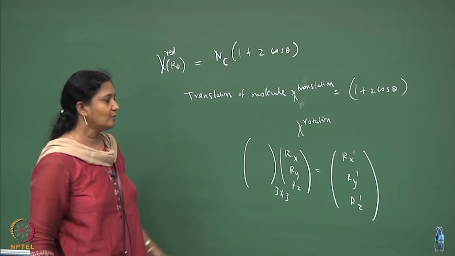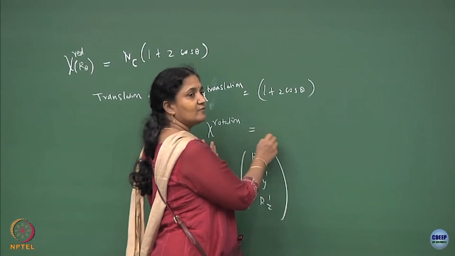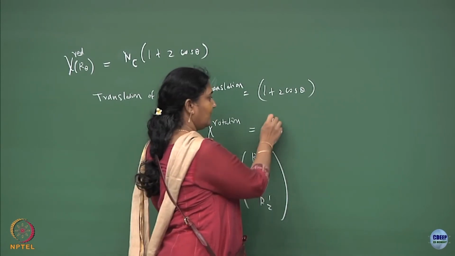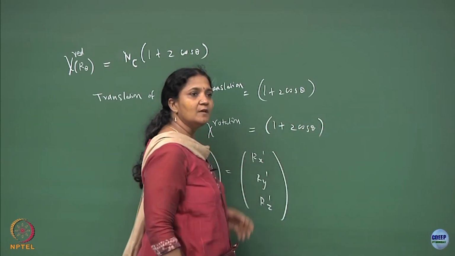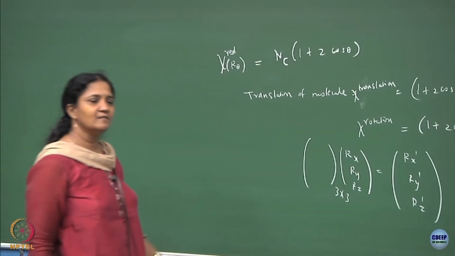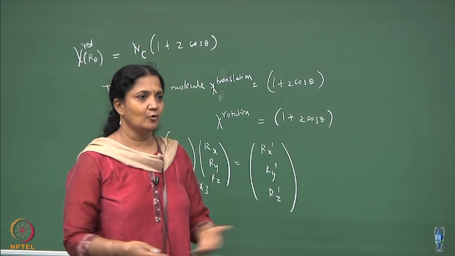Any change or same? Still the same, 1 plus 2 cos theta. So, you could try and remove reflections; do not add them to your translation or rotations.